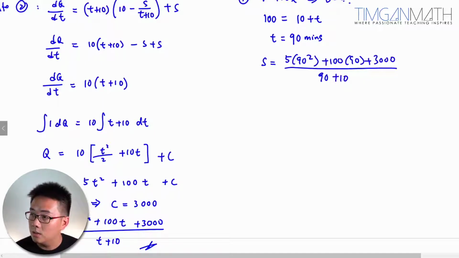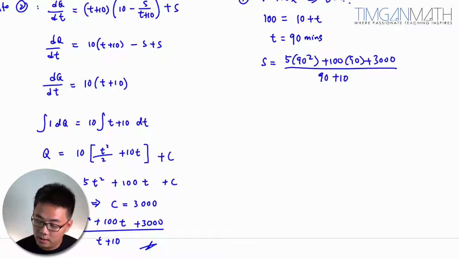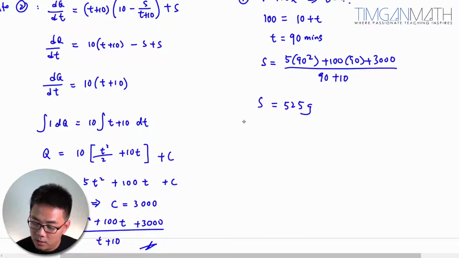Okay, so king calculator. What we get here is 525 gram. So hence the concentration of salt would just be 525 gram over 1000 liters.